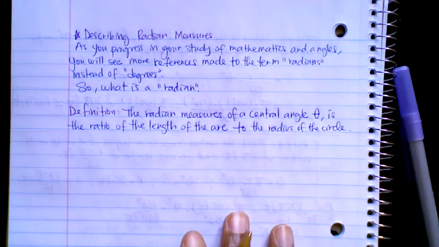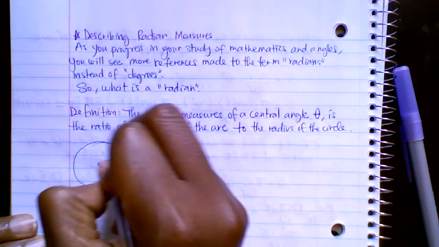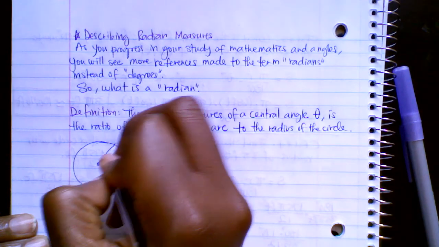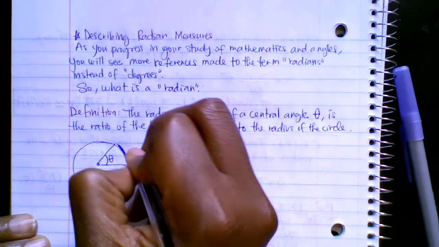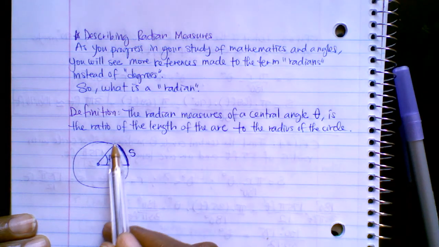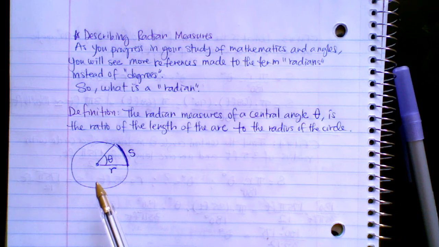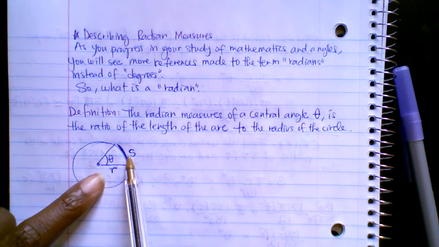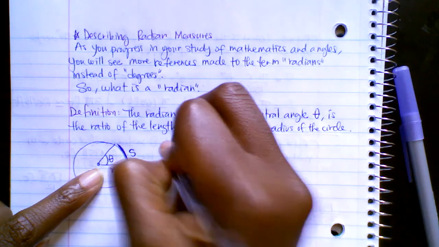Okay, so let's say you're given a circle. This is a radius. This is theta, and this represents the arc length S. This is a radius, and this side also represents a radius. So what is the measurement of theta in radian?